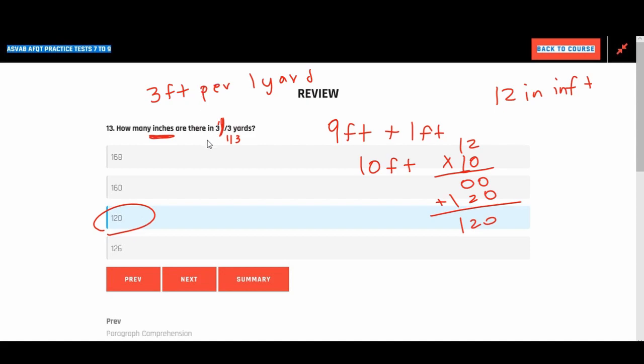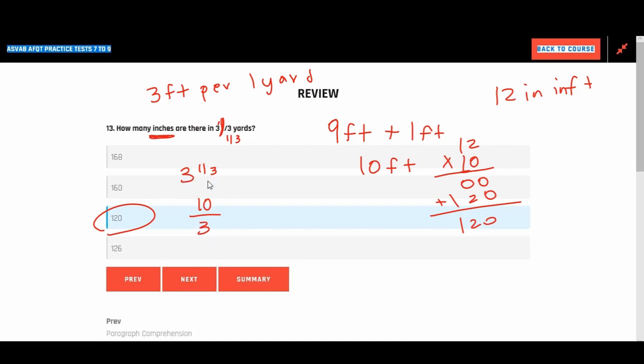If you need me to work this out again, let me try it again to explain it a little more clearly. 3 1/3 yards. Again, there are 3 feet per every yard. Let's make this into a mixed number and see how that works. 3 times 3 is 9 plus 1 is 10. So this is the equivalent of 10 over 3.